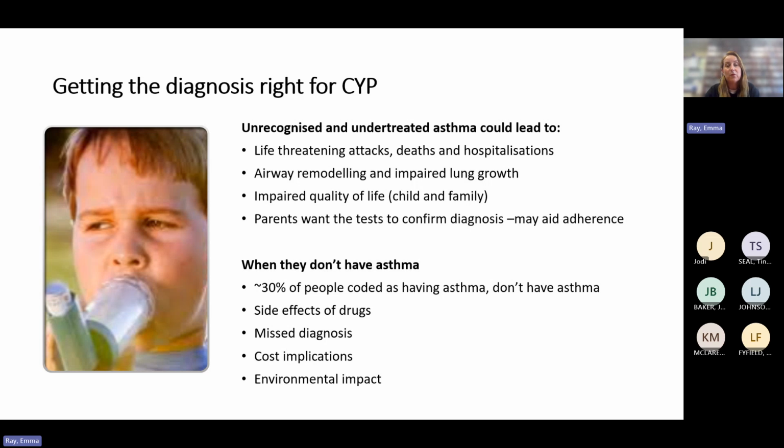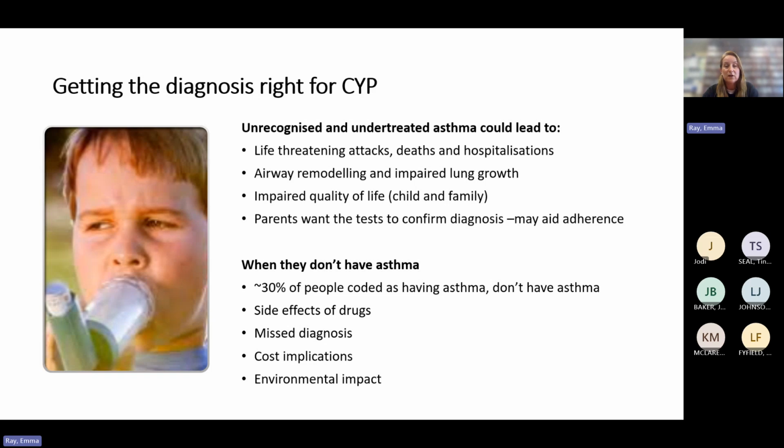But a lot of people who may be coded with asthma don't actually have asthma. So we need to make sure we are definitely getting the diagnosis right. We might think it's asthma, but is it really? So it's really important to check that history and make sure that we're offering diagnostic tests, because if we're offering asthma medications, they might not be the right treatment for that patient, and there are potential side effects.